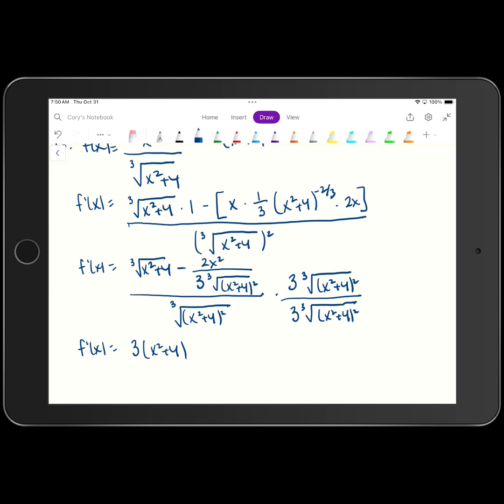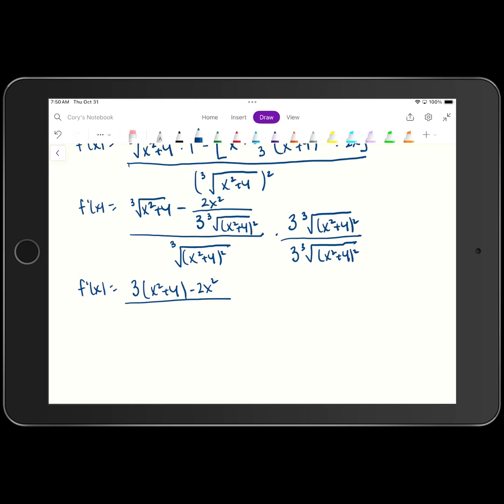When I multiply by the next quantity in the numerator, the 3 times the cube root of x squared plus 4 quantity squared cancels, so that just leaves us with minus 2x squared. And our denominator becomes 3 times the cube root of x squared plus 4 raised to the 4th power. Okay, so we're almost done.